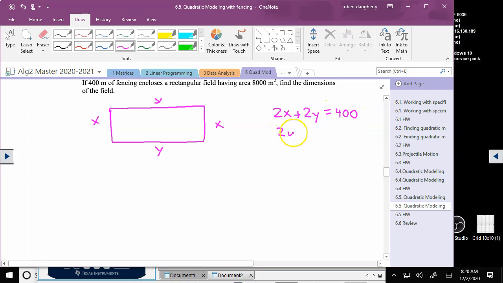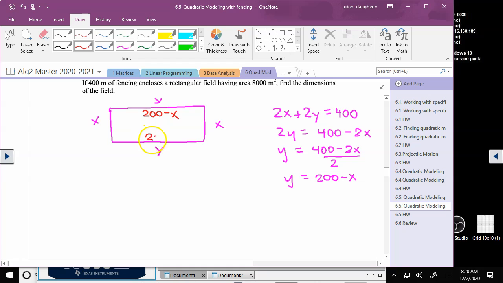That means that 2Y is 400 minus 2X. Y is equal to (400 minus 2X) over 2. Y is equal to 200 minus X. So this side is 200 minus X, and this side is 200 minus X. Okay. What is the area of this field? The area is going to be X times (200 minus X).